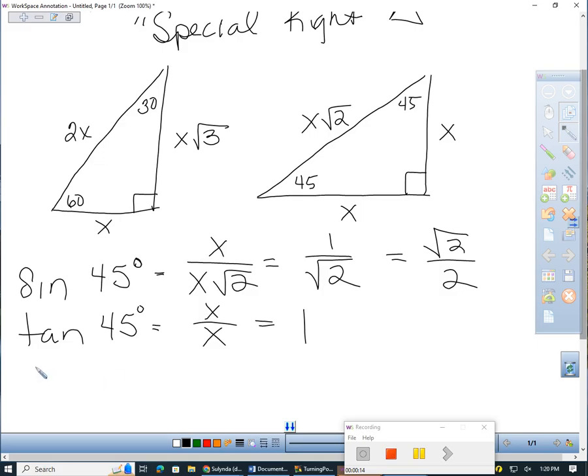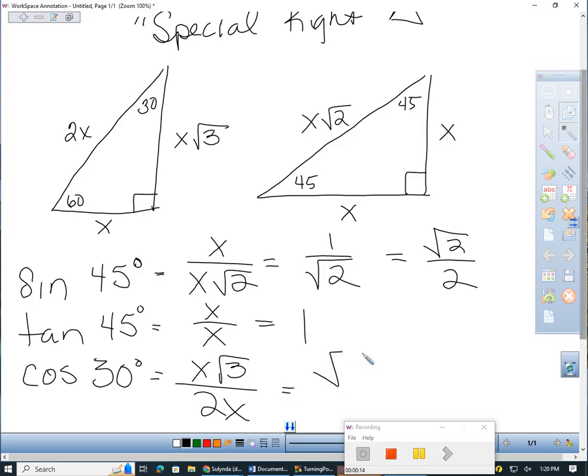If I were to do the cosine of 30 degrees, I would go to 30. It's adjacent over hypotenuse. What cancels here? The x's. And so it's always going to be square root 3 over 2. Okay? So if it is a special right triangle, it is always going to follow that pattern.